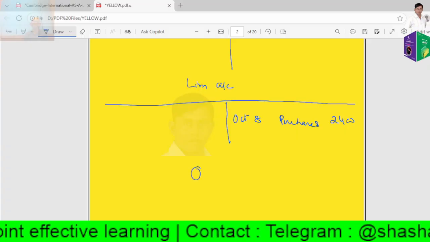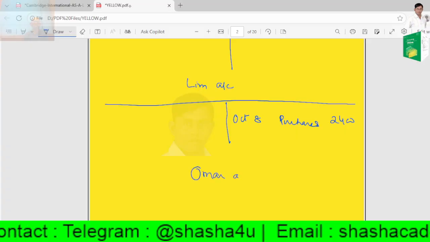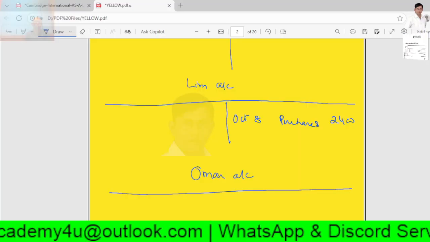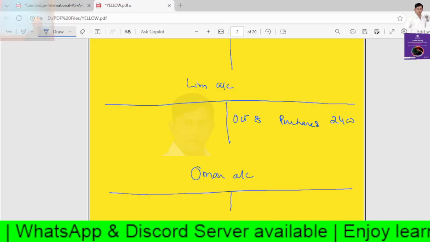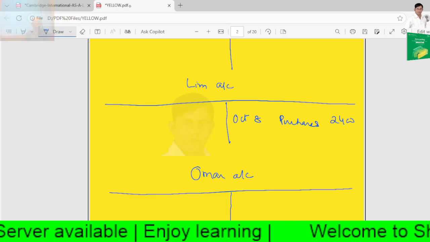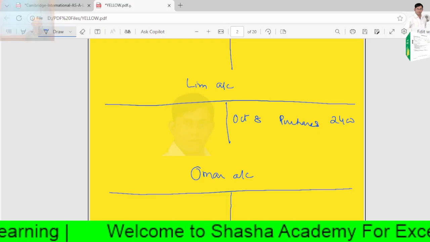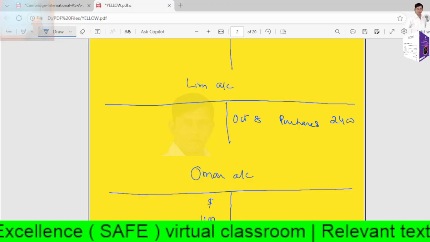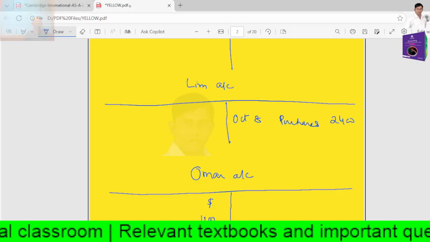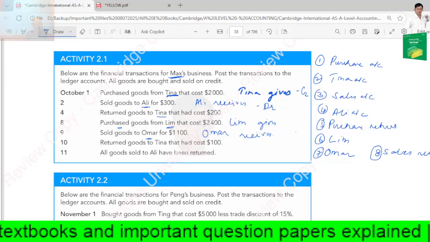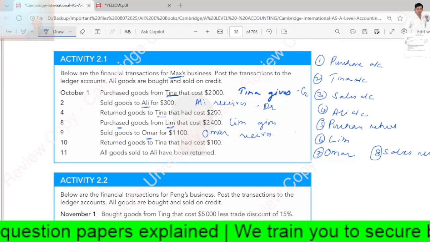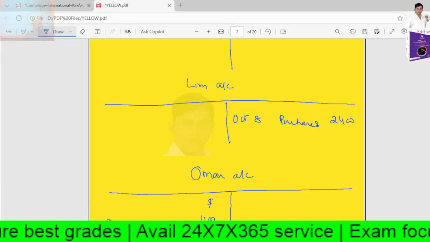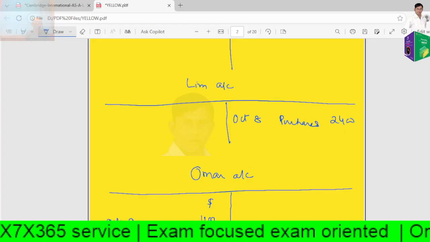Omer account. So Omer account will be debited. Why? Because he is receiving 1100. What date? October 9th. 1100.